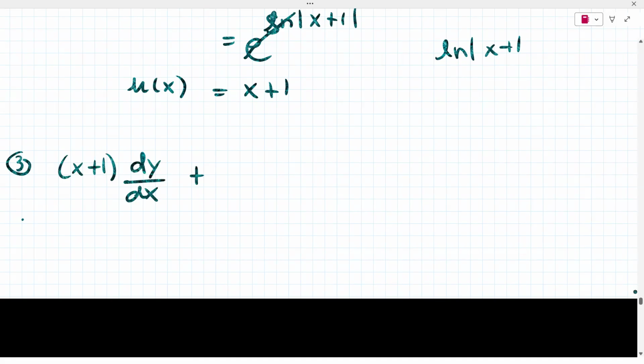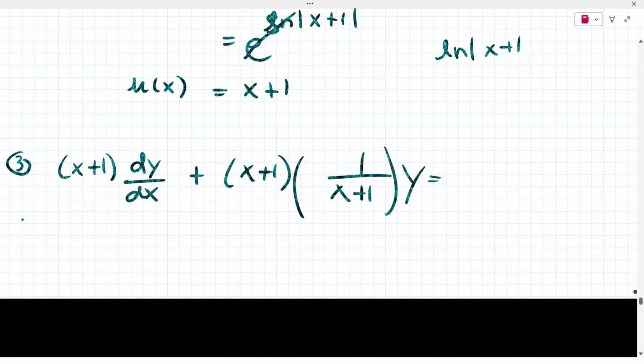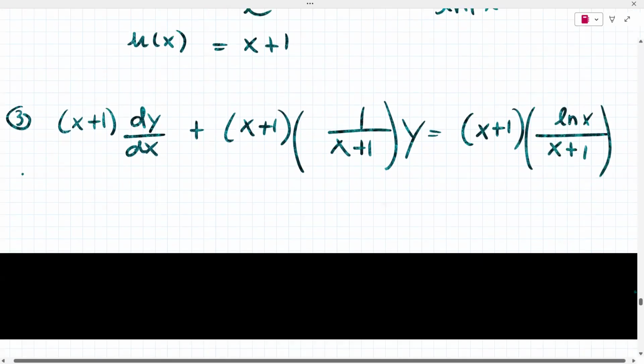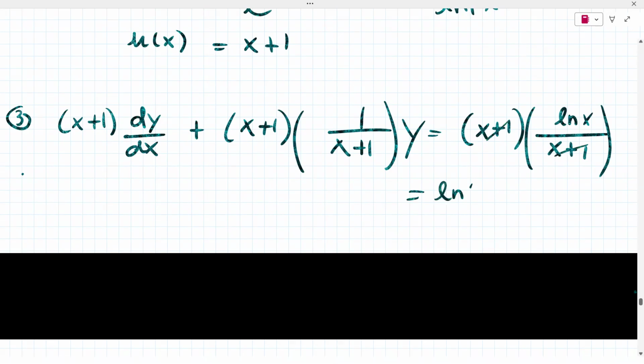So that's going to be x plus 1 times 1 over x plus 1 times y. And then mu of x times q of x is x plus 1 times ln of x over x plus 1. Okay. So on the right side, the x plus 1 cancels, so you're just left with ln of x.